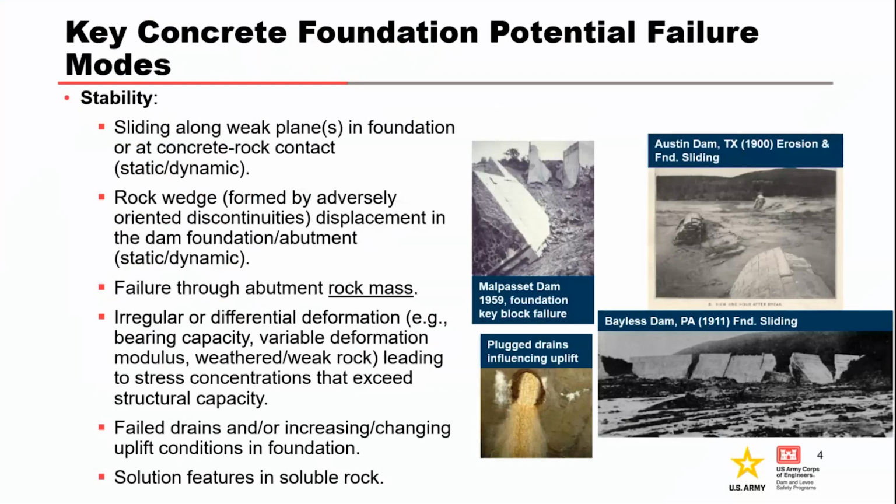So here's a list of potential failure modes related to stability of a concrete dam. The first is sliding along a weak plane in the foundation or at the concrete rock contact, or a rock wedge formed by adversely oriented discontinuities, which results in displacement in the dam foundation or abutment, and I'll have some examples of that.